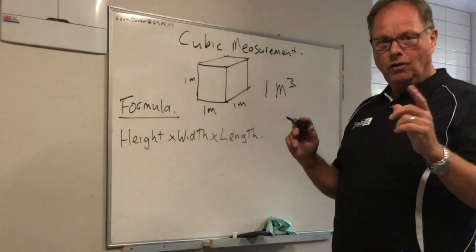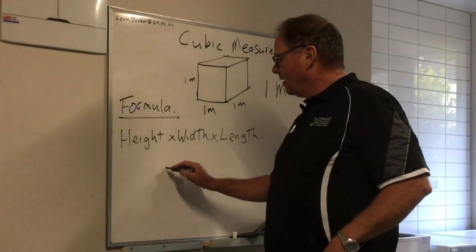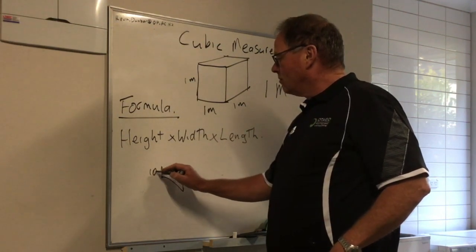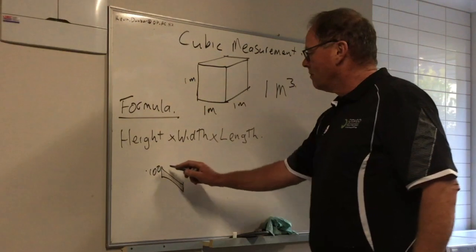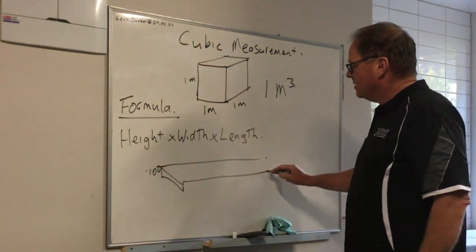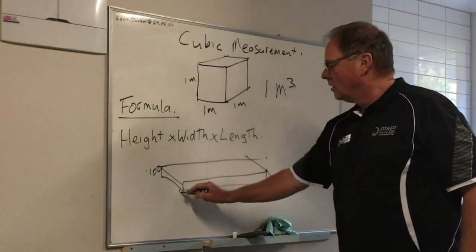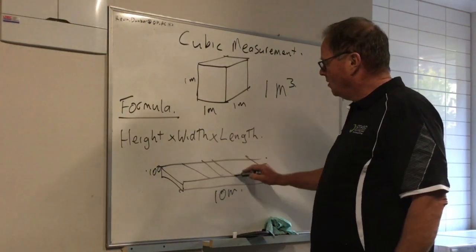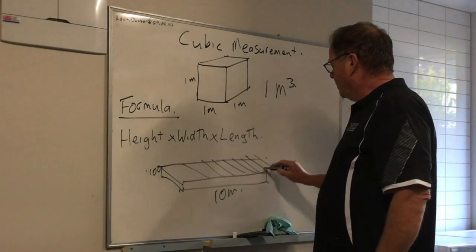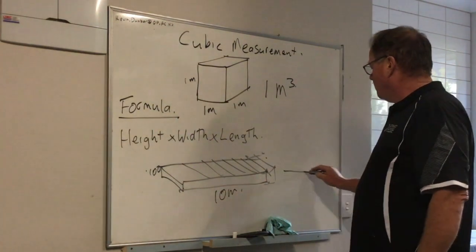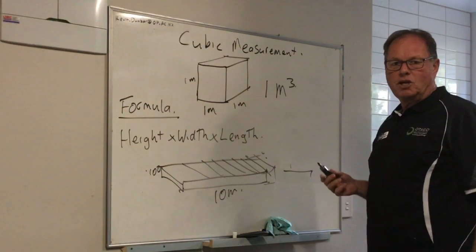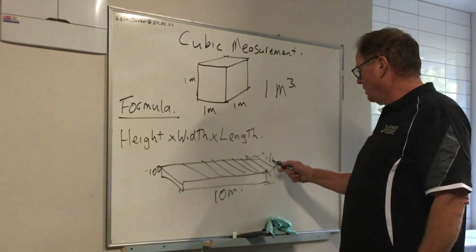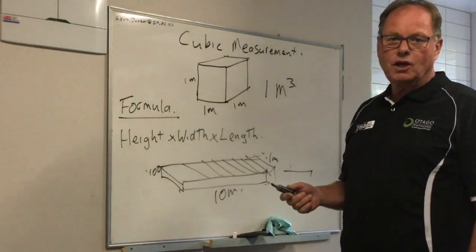An example: if we had a concrete path that was 100 mil thick, a good thickness for a concrete path, and 10 metres long, you could divide that up into 10, sit them all on top of each other, and you'll end up with a metre cubed, because 0.1 times 10 times a metre equals 1 metre cubed.